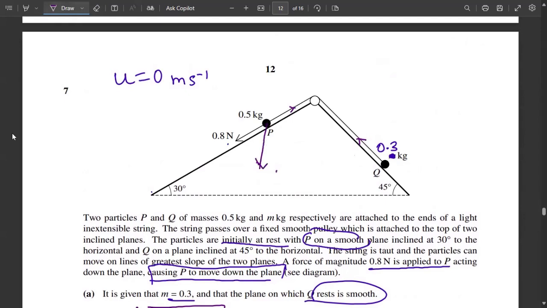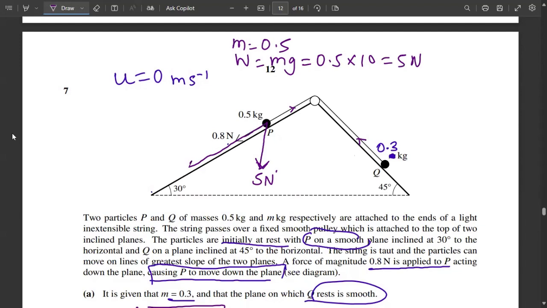The weight of the 0.5 kg mass will be mg, which is 0.5 into 10, which is 5 Newton. So this downward force due to the weight, along the slope, will be mg sine theta, which will be 5 sine 30. The force acting due to the weight perpendicular to the slope will be 5 cos 30.